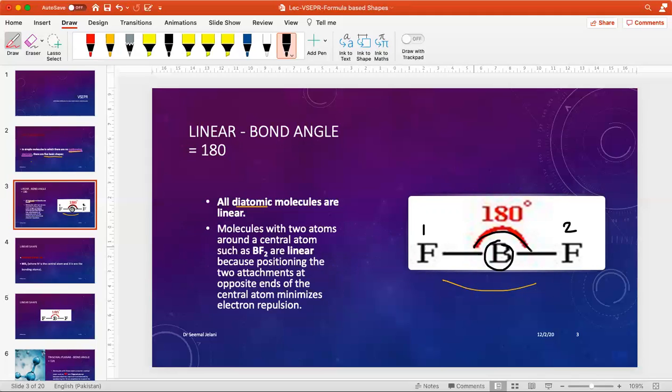The shape is linear because these two fluorines are positioned opposite to one another in order to minimize the electron repulsion.